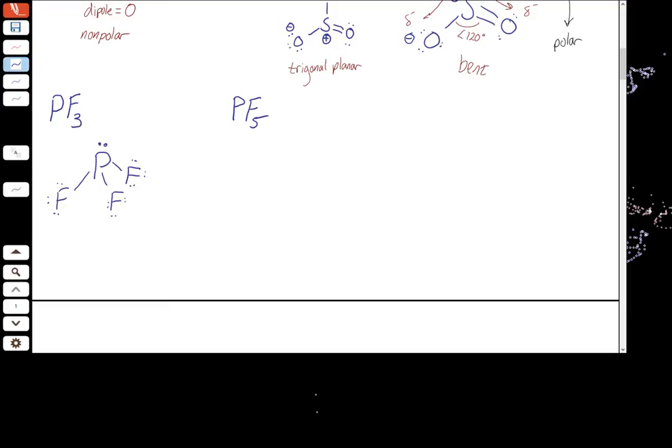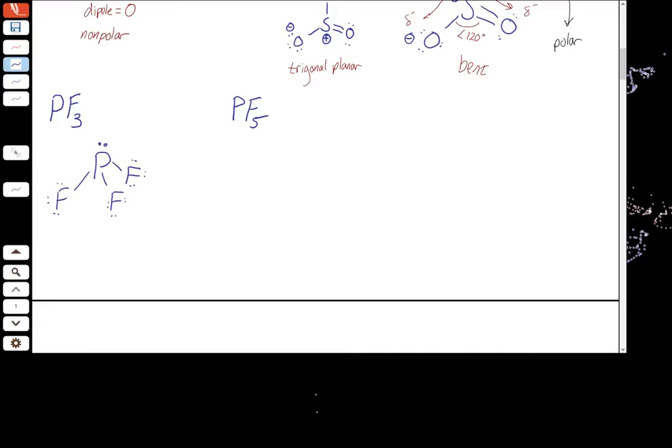Something like that. And so what should those bond angles be? I might have to look back on that one. About 110, just under 110 probably because of the lone pair.